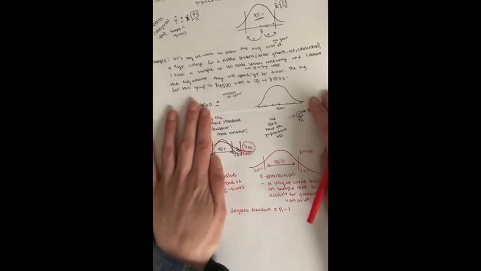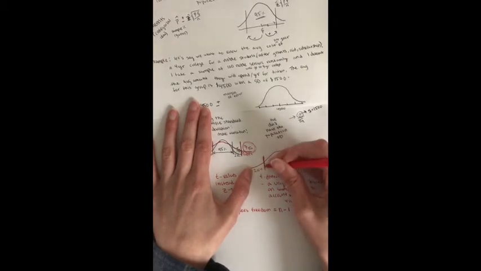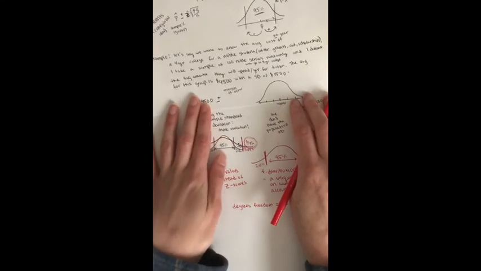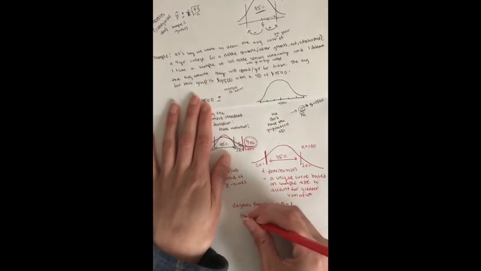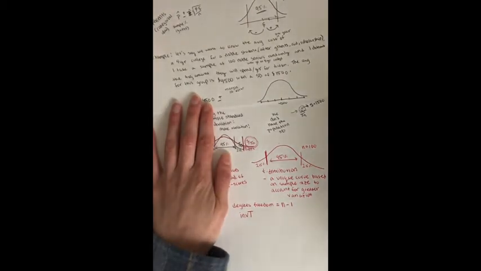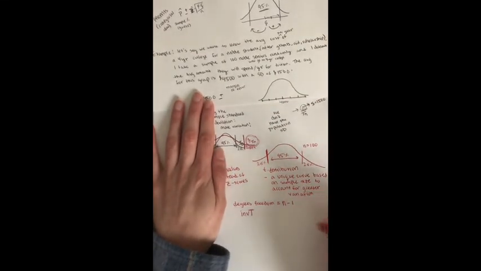So what we want to do is go backwards from percent to a t-value, z-score kind of thing. So we're going to use the inverse. We used to use inverse norm. Now we're going to use inverse t. Everything's in the same spot, but instead of using normal stuff, we're going to be using the t distribution now. So I'm going to do the inverse t of what's in the tail, 0.025, and then I need to tell it my degree of freedom.